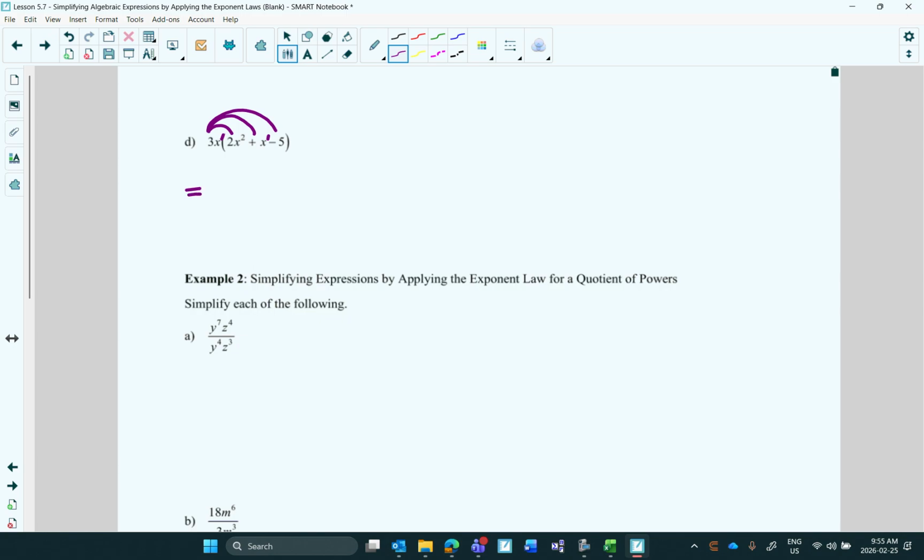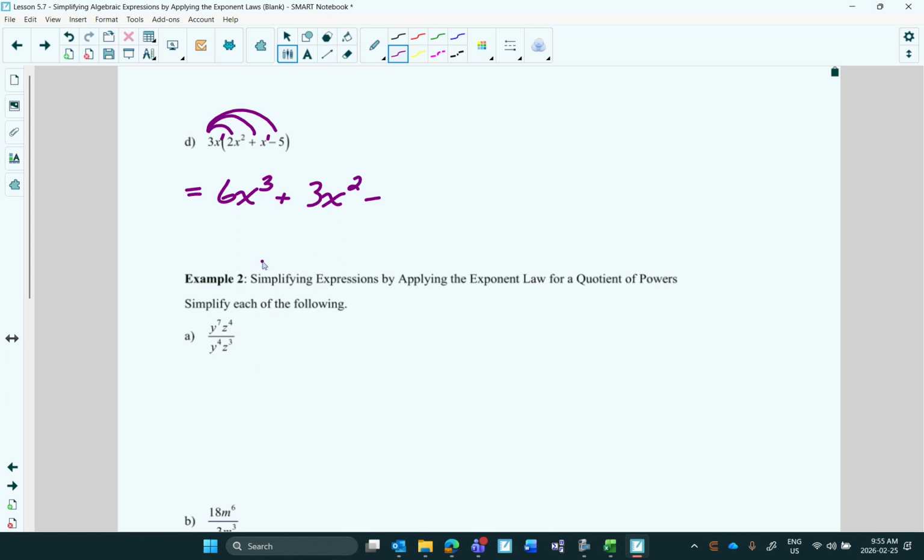What is 3x to the first times 2x to the second? 6x cubed. This times this is going to be positive. What is 3x to the first times x to the first? 3x to the second.